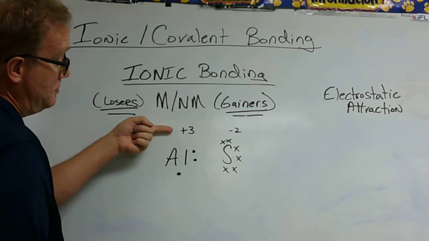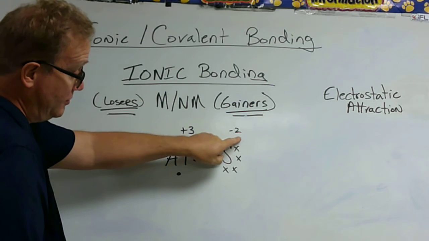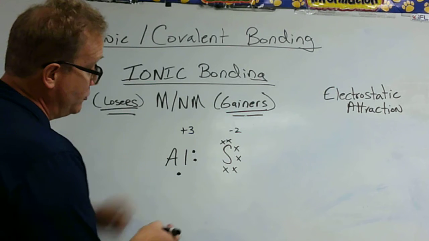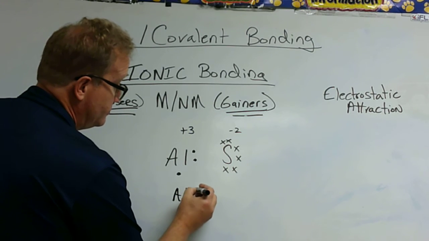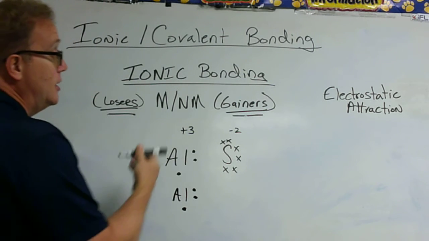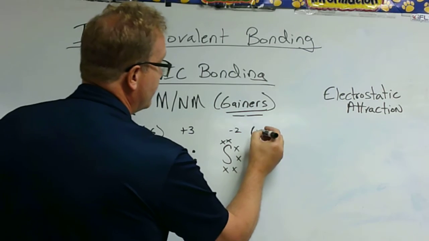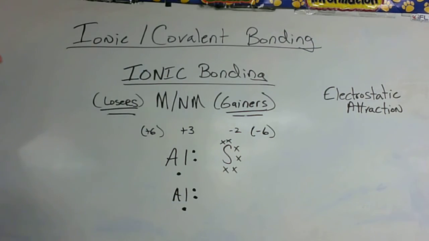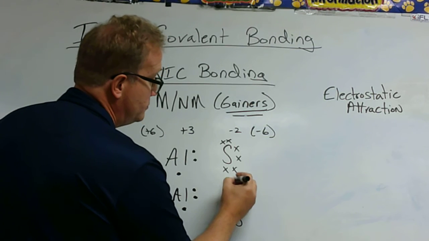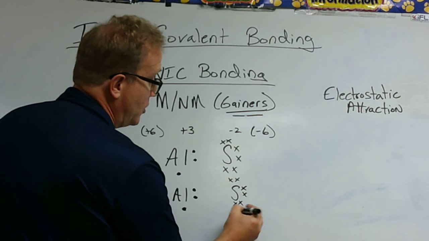So with this one, in order to make it a +6, I'm going to have to draw 2 of these guys. On this one, in order to make it a -6, I'd have to add 3 of them. Again, I'm trying to make it neutral, with this whole thing obeying something called the octet rule.